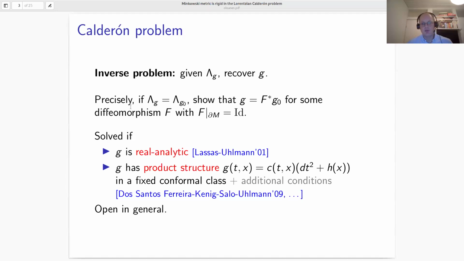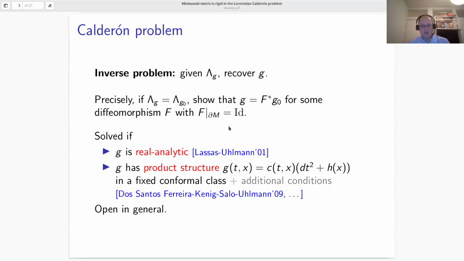So in fact, the problem should be viewed as: if two Dirichlet-Neumann maps are the same for metrics g and g naught, then what we want to show is that g is isometric to g naught. In other words, it is associated to g naught via a diffeomorphism that fixes the boundary.